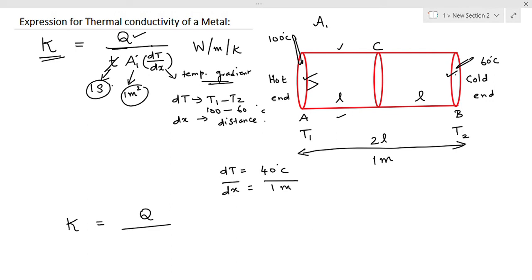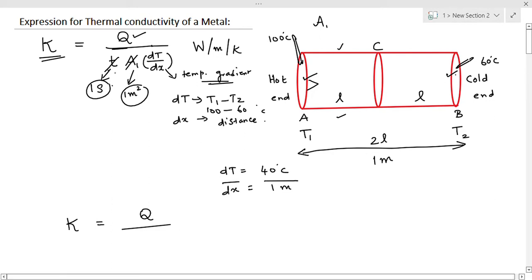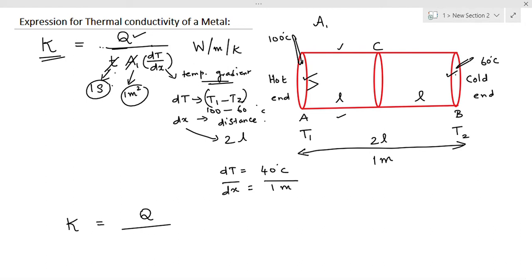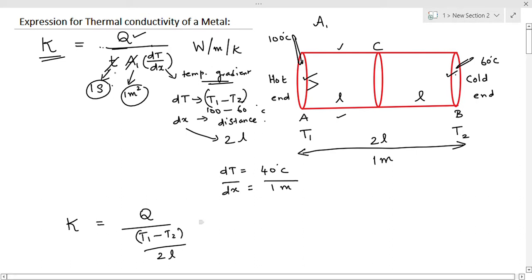Unit area of cross section is 1 meter square, and dt from the diagram is T1 minus T2, and dx from the diagram is 2L. So I am rewriting this equation. Q divided by t and A becomes 1, and dt is T1 minus T2 divided by 2L. dx is 2L. That is Q divided by dt by dx. I have rewritten in this way.